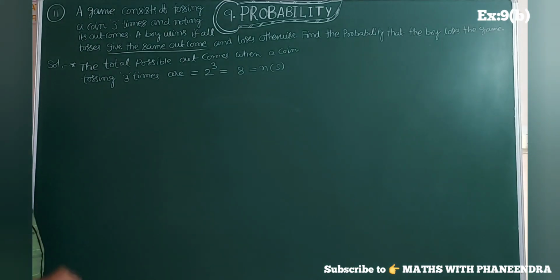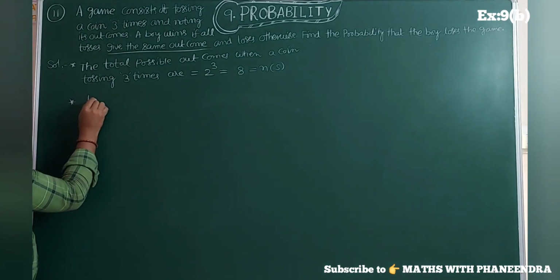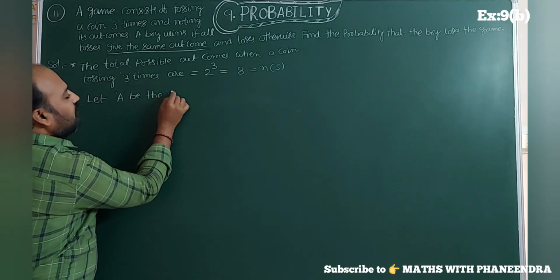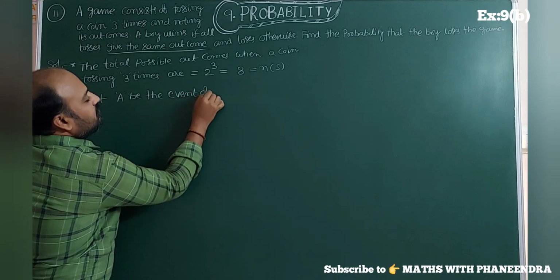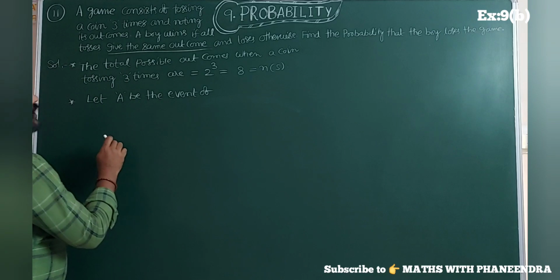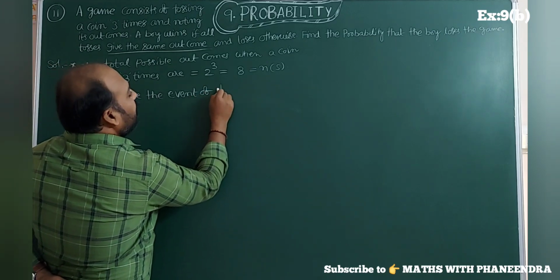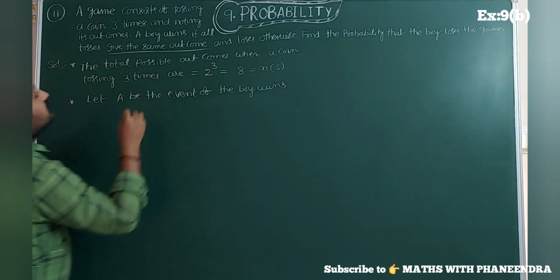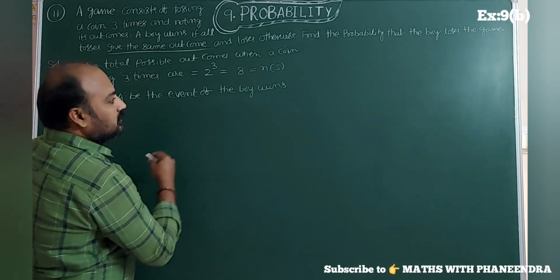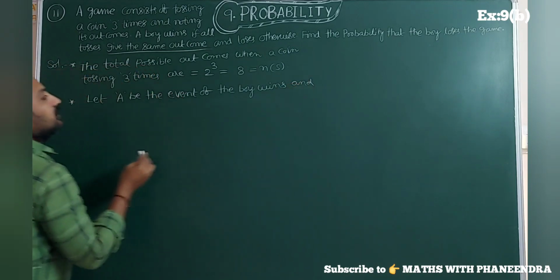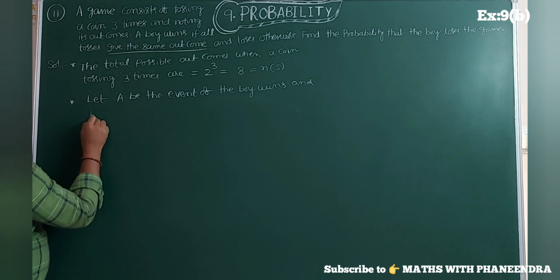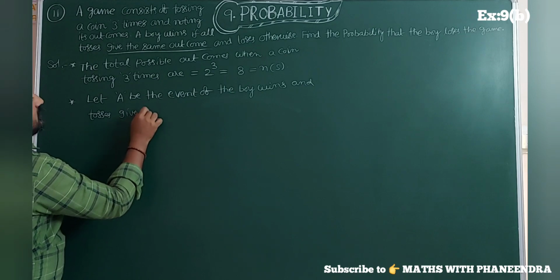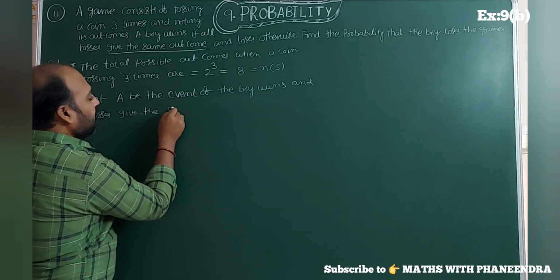These are the required possibilities. So for that, let A be the event of the boy wins, and tosses give the same outcome.